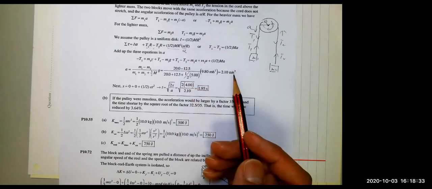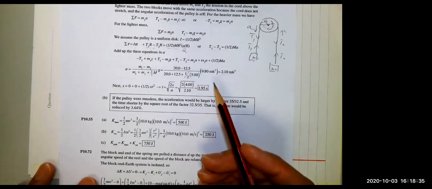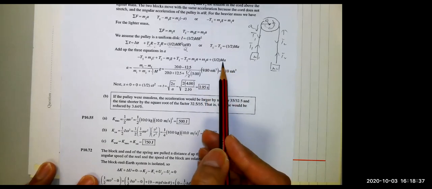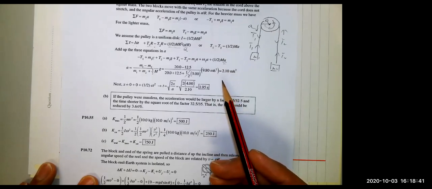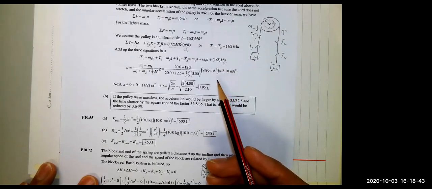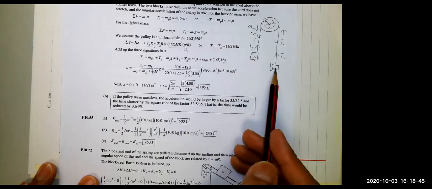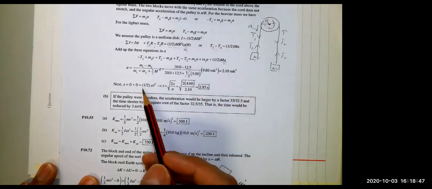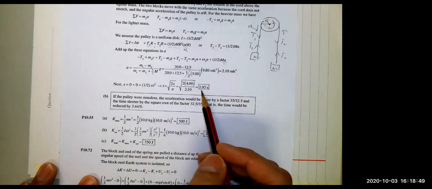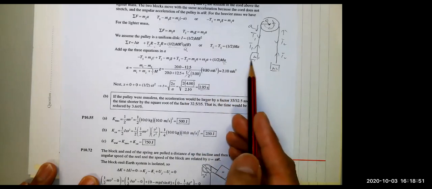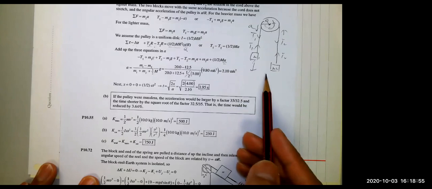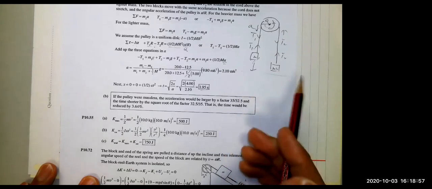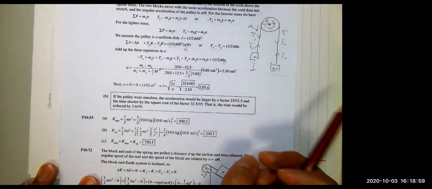So with that, we have a total of 3 equations, and we would be able to solve for the value of A, the linear acceleration. With the linear acceleration for the masses, we could find out the time taken for the block M1 to drop onto the ground. So that is the idea of this question.